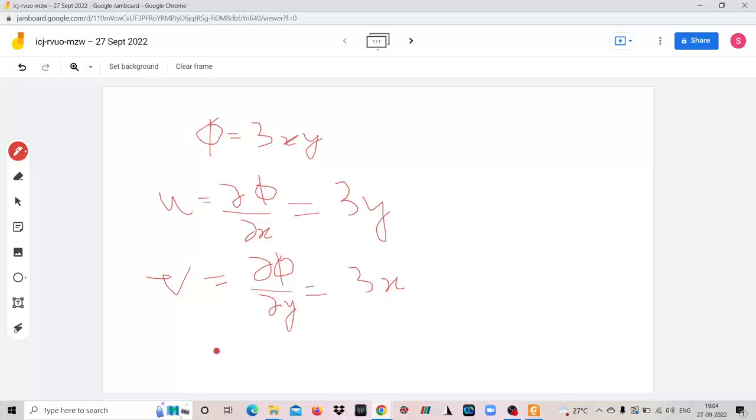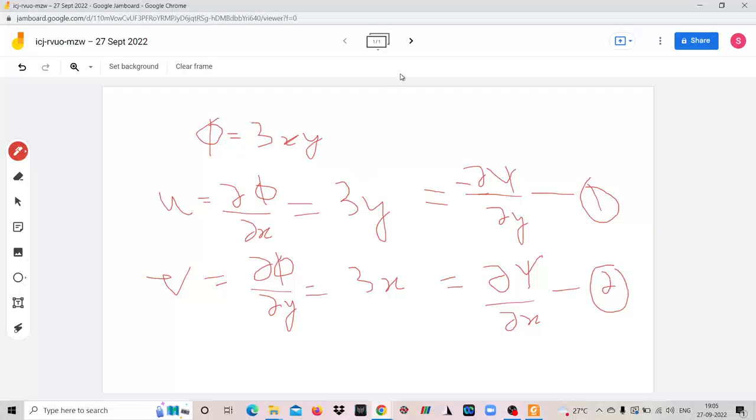Now, u is equal to minus of del psi by del y, and v is equal to del psi by del x. This is say our equation 1, and this is say our equation 2.